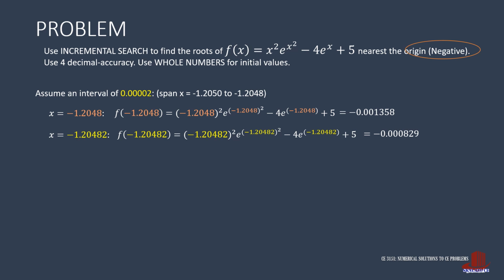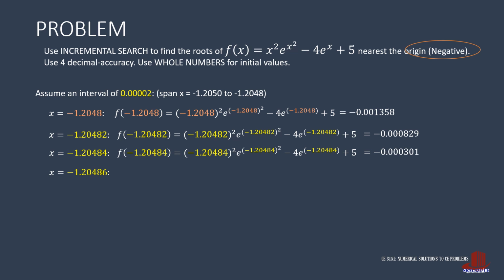Having the result as another negative, we should iterate again, this time using negative 1.20484, making the function negative 1.20484 squared times the Euler's number raised to negative 1.20484 squared minus 4e raised to negative 1.20484 plus 5, resulting to negative 0.000301.